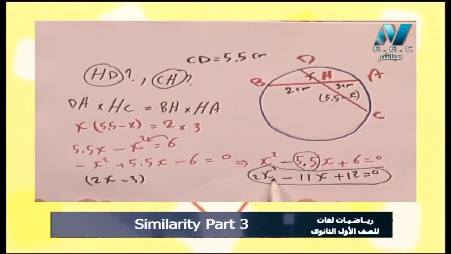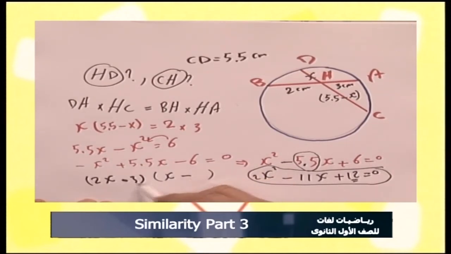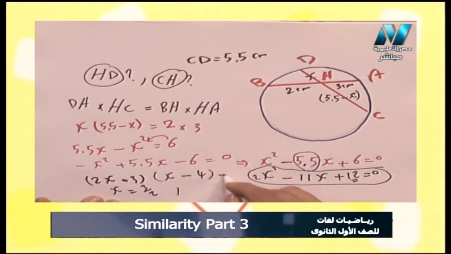So 2x power 2 factorized as 2x and x here. We have here plus 2, it's negative times negative. And we have here 12. It will be 3 times 4. So 2x minus 3 will be 0, so x will be 3 over 2. And x minus 4 will be 0 also, so x will be equal to 4.